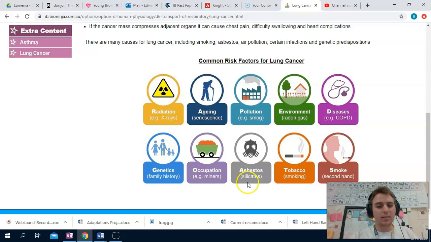Asbestos and other silicates, not as much of an issue in the U.S. anymore because it's kind of been taken care of, but it's going to definitely be an issue in other parts of the world. And then tobacco, as well as just any kind of smoke, specifically secondhand smoking. So if you or anybody you know is a smoker, you may want to make sure that everybody is aware of their possibility of developing lung cancer.